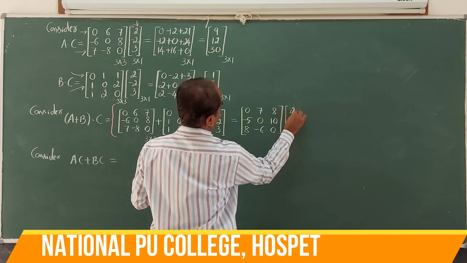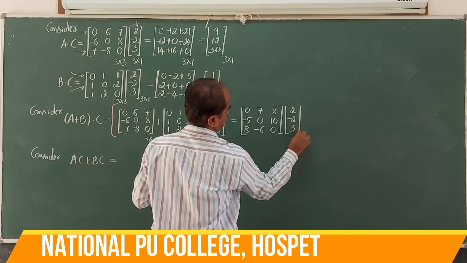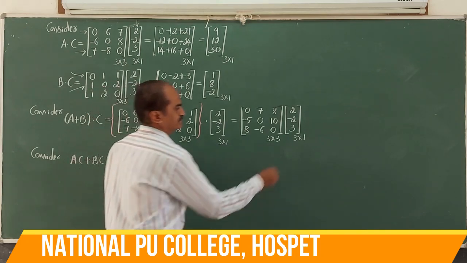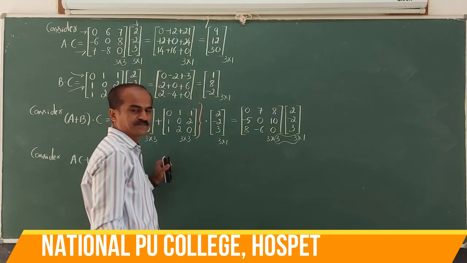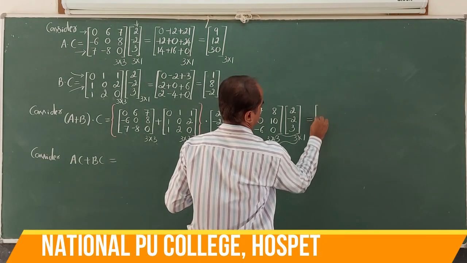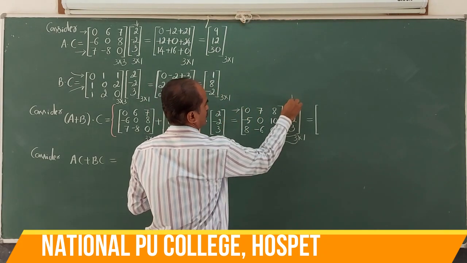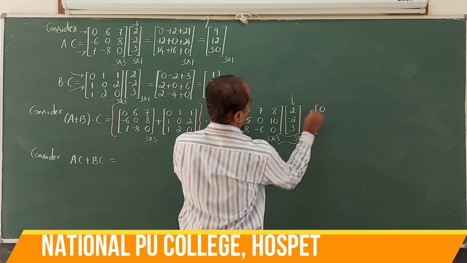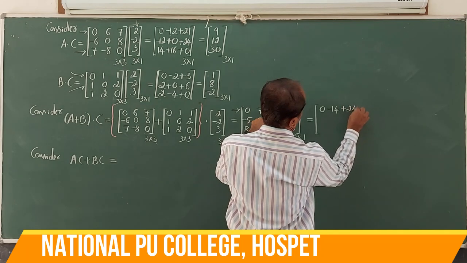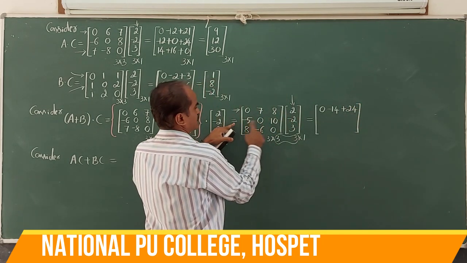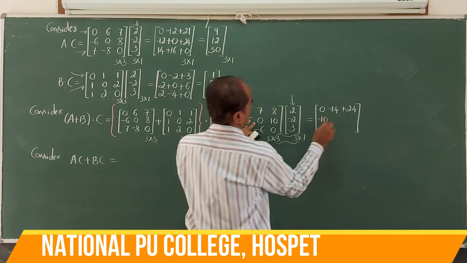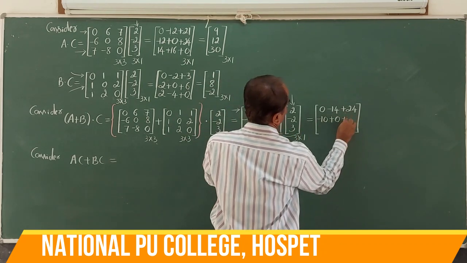The C matrix is a column matrix, 2, minus 2, 3. Now I can multiply these two matrices because the condition for multiplication is satisfied. On multiplying these two, I am ending with a 3 by 1 matrix. First row with this column: 0 into 2, 0, plus 7 into minus 2, minus 14, plus 8 into 3, 24. Next, second row with that column: minus 5 into 2, minus 10, 0 into minus 2, 0, 10 into 3, 30.